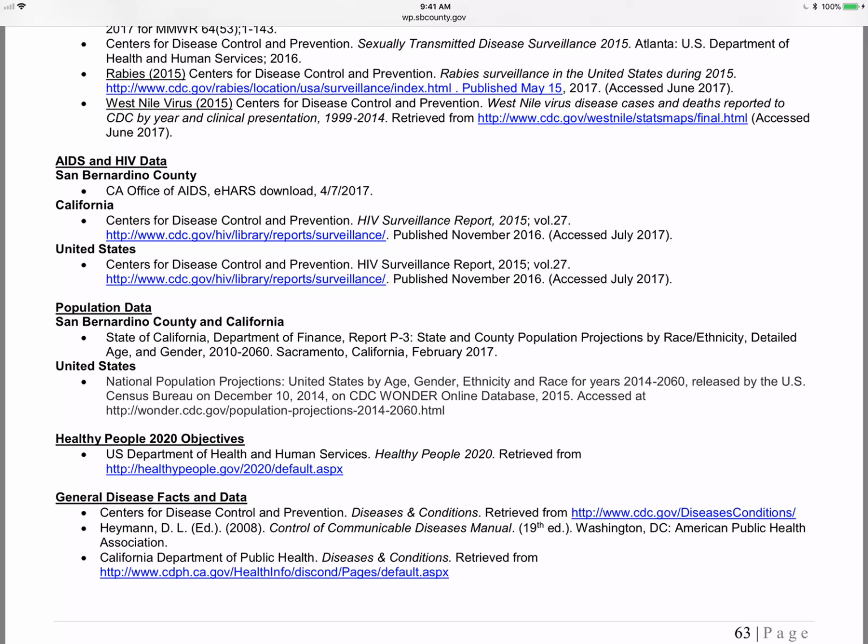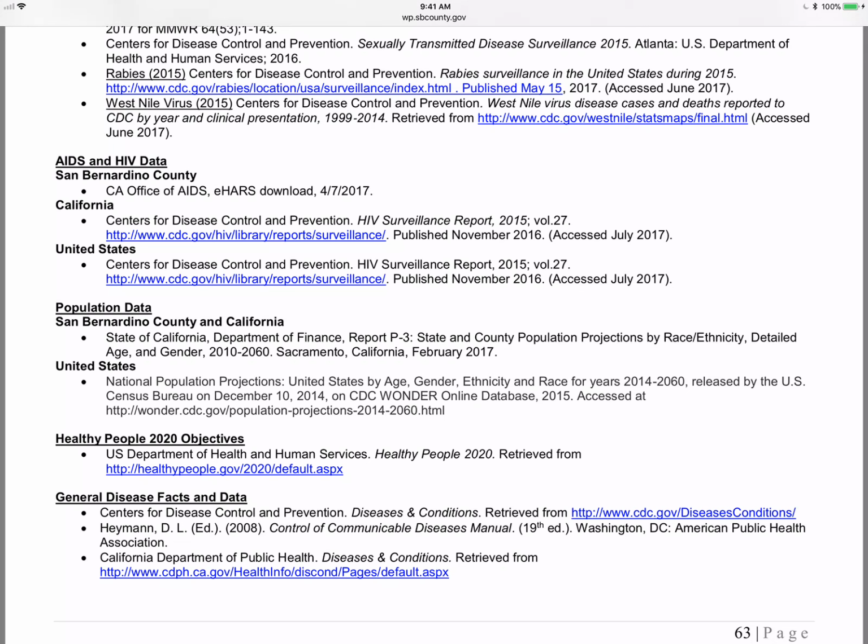And so we have detailed census data, and then we have projections, and for the United States, the Census Bureau does the national population projections, and so we need to come up with how big we think the whole entire group is in order to know what the incidence per 100,000 is for that particular group.